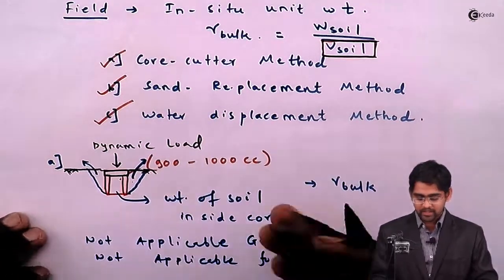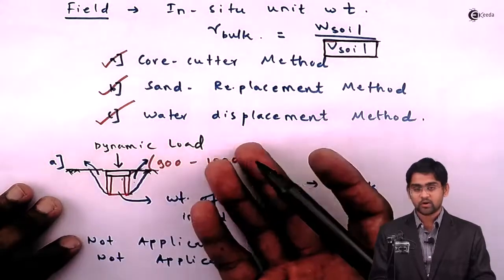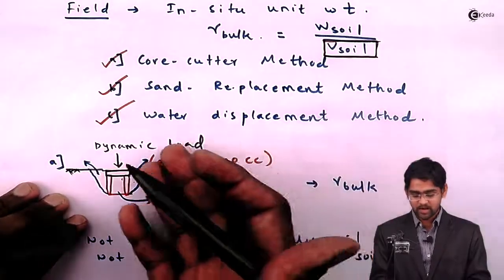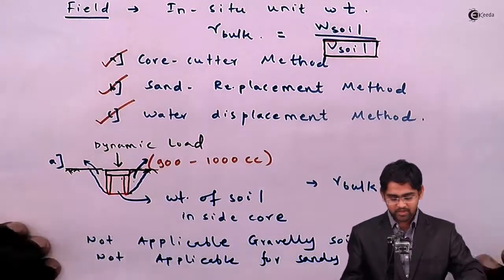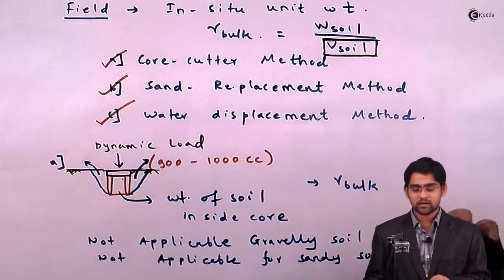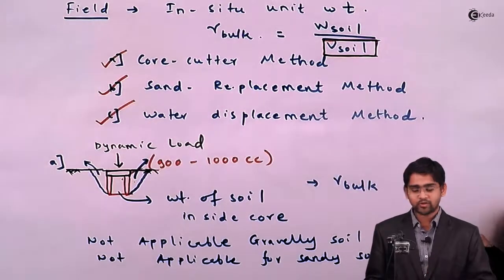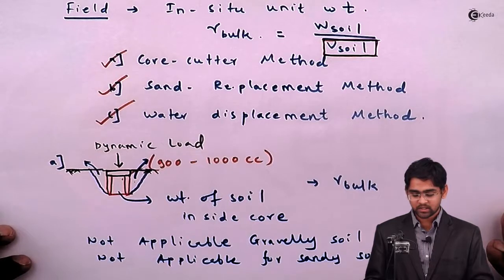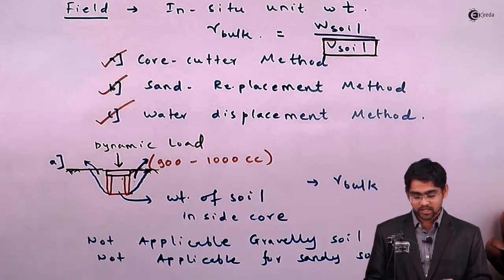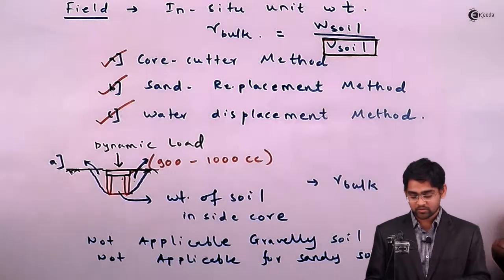We also have the mercury displacement method, where mercury is displaced instead of water. Depending on how we calculate the volume of soil, we have n number of methods, but these three are the broad methods from which GATE might ask questions.